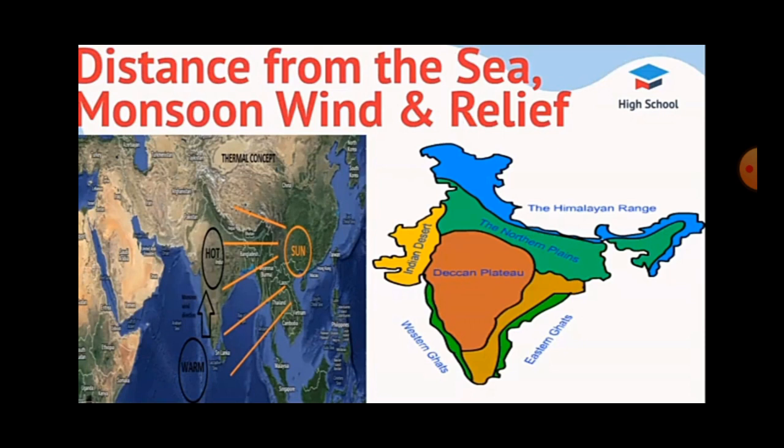Kolkata is located on the coastal side, so annual rainfall of Kolkata is 119 cm. At the same time, Bikaner is located in the interior part, so Bikaner experiences only 24 centimeters of annual rainfall.